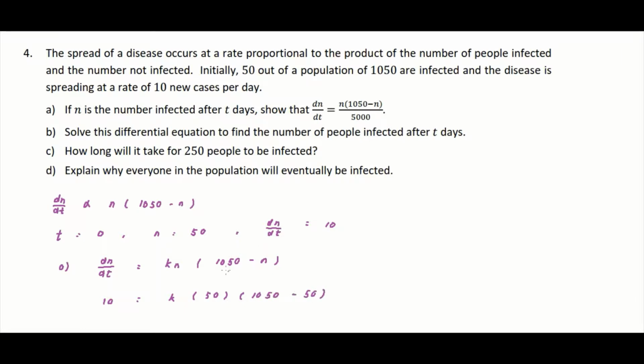You must make sure they happen at the same point in time before you can substitute. When you substitute x and y, you must make sure they are at the same point. We know N equals 50 and dN/dt equals 10 all happen at the same time, t equals 0. Then you can substitute these two values together and get k.